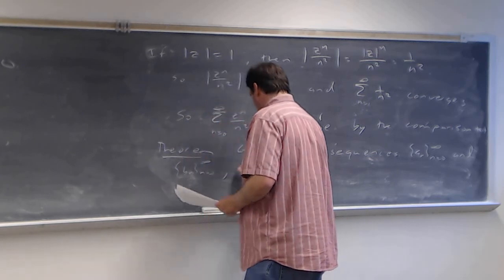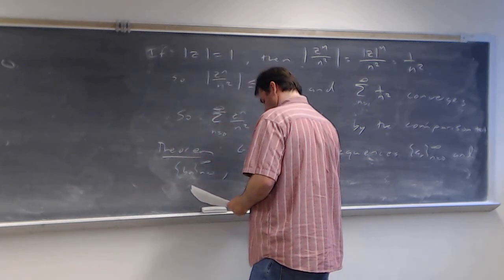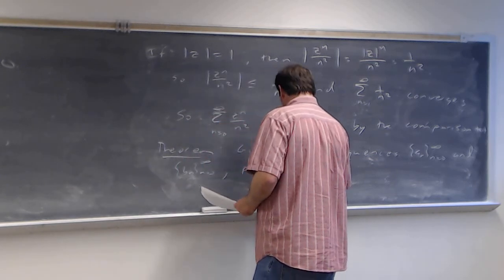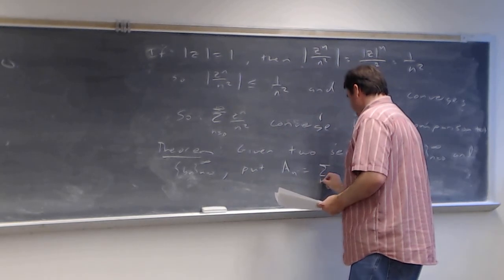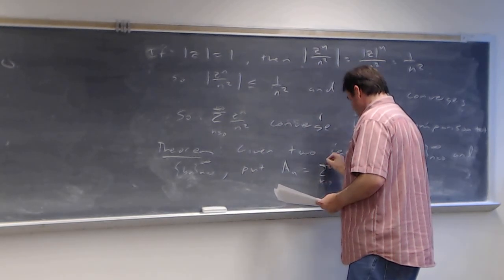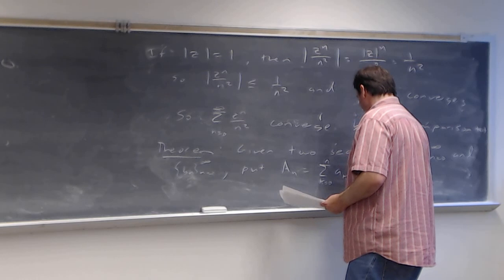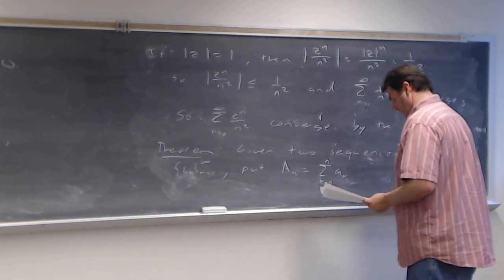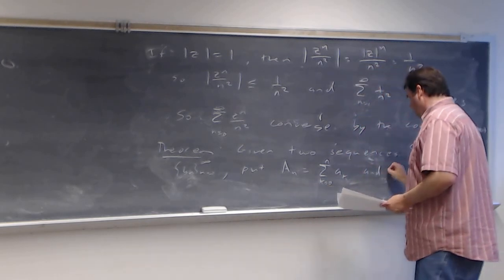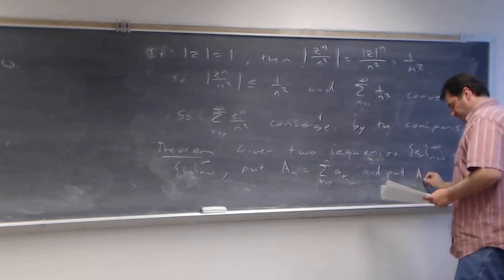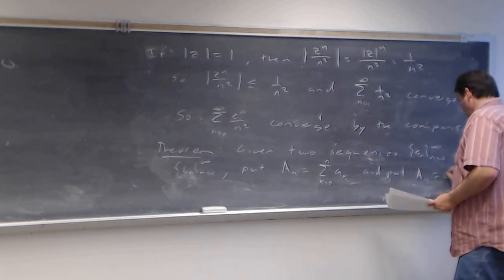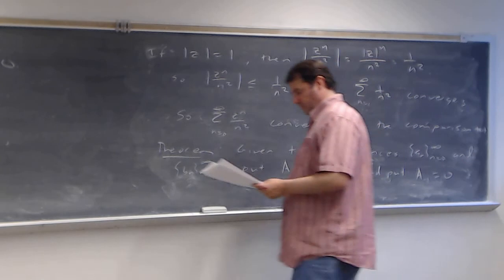We put big A sub n to be the partial sums: the sum as k runs from 0 to n of a sub k, so the partial sums of the little a's, and we put A sub minus 1 to be defined as 0.